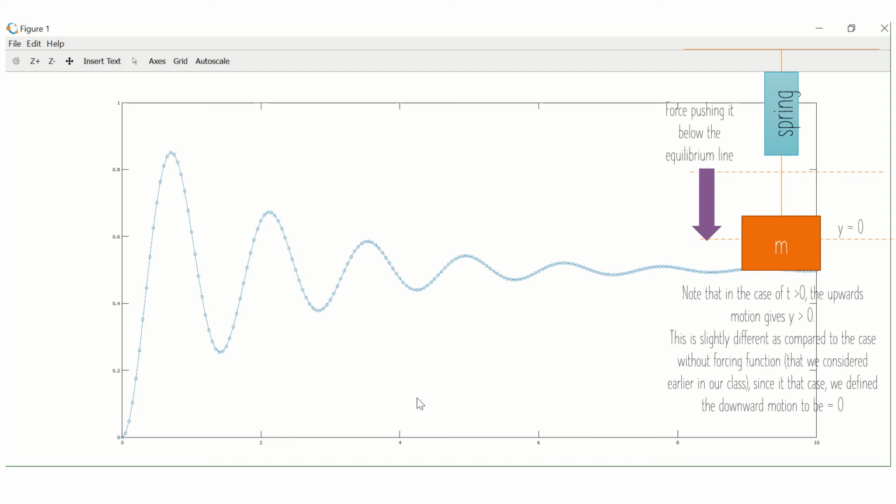So this is the resulting plot that you have. The x-axis here represents time, and here this is the motion of the object, right? Here you see that it will oscillate like this. Initially at time t equals 0, it is going upwards and downwards, and then it slowly dies off.